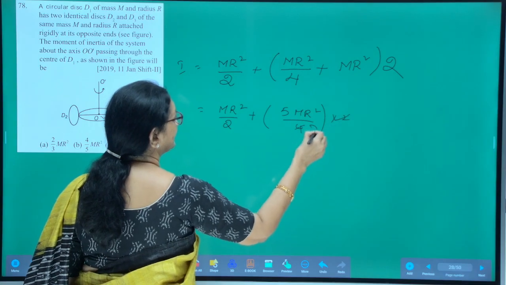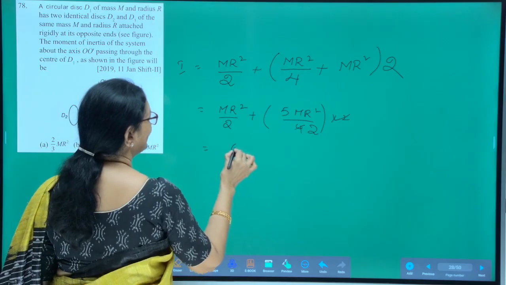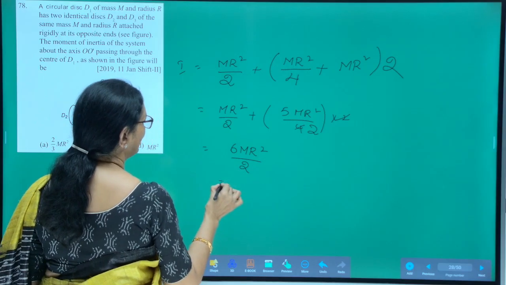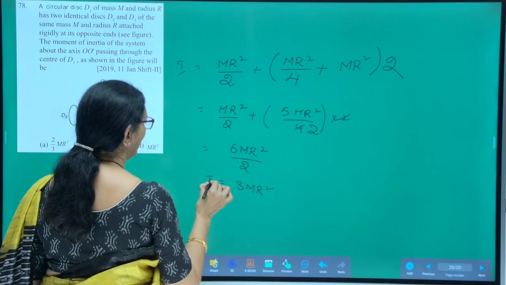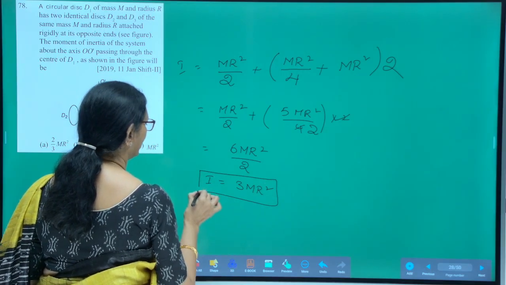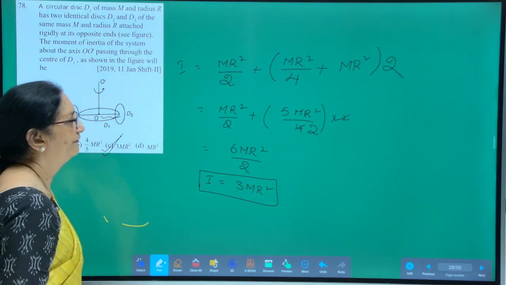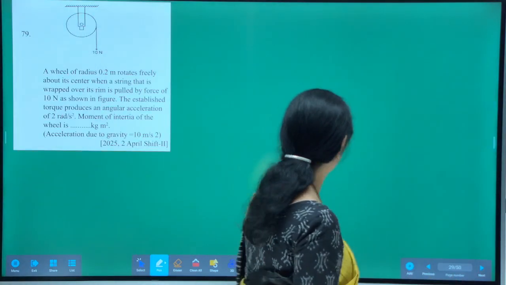So, this 2 gets cancelled. So, 5 plus 1, 6 mr square by 2, it is equal to 3 mr square. So, moment of inertia I is equal to 3 mr square. That is the correct answer for that problem. Okay, let us move on to the next problem.